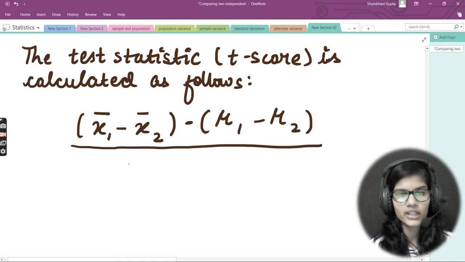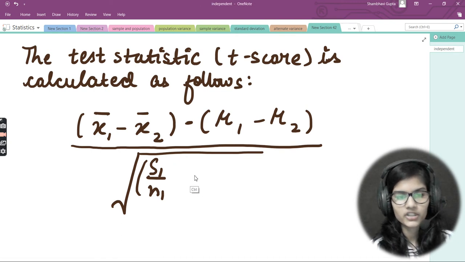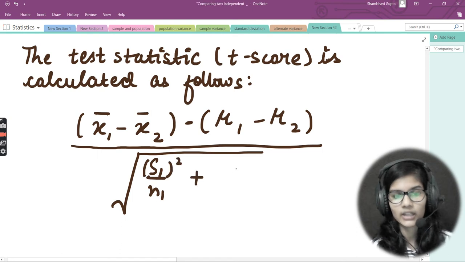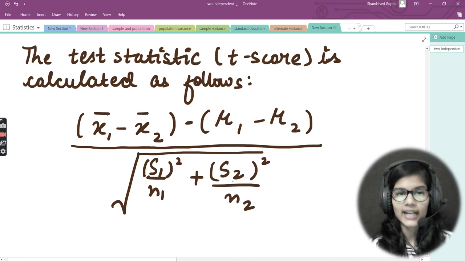Everything I'll be telling you, right? Then in the denominator, put the under root and use here s1 squared upon n1. Not the whole square, just one second. Here it is only s1 square. Don't make this mistake next time. And here we have s2 squared upon n2. This is the formula for calculating the test statistic, that is basically the t-score.